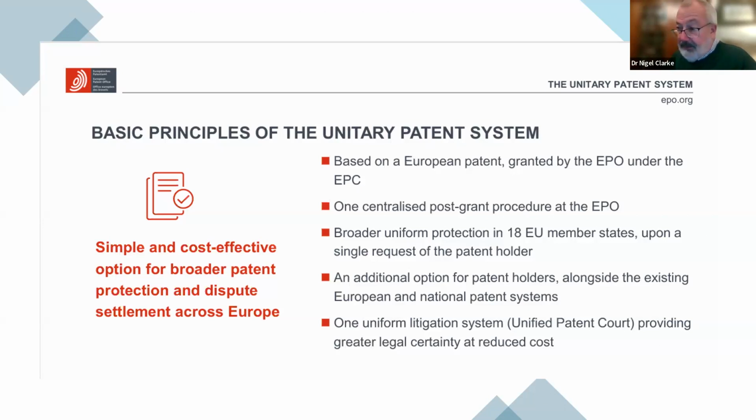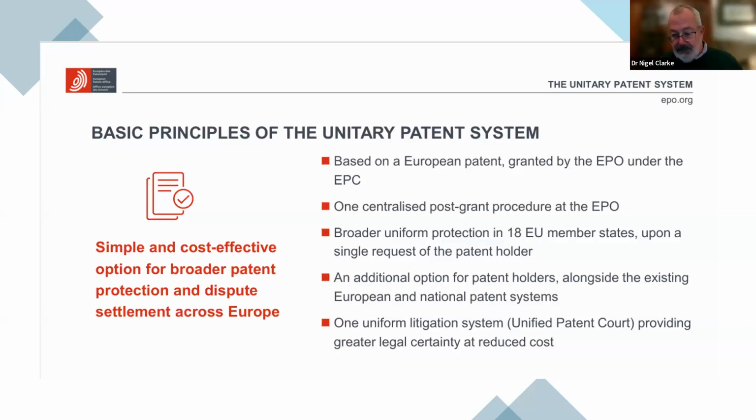On the other hand, the unitary patent system is all for one, for all. If you have a single revocation procedure, then the entire unitary patent is revoked. But we'll come to that. So the unitary patent is based on the European patent granted according to the EPO procedure. So there's one centralized post-grant procedure at the EPO.